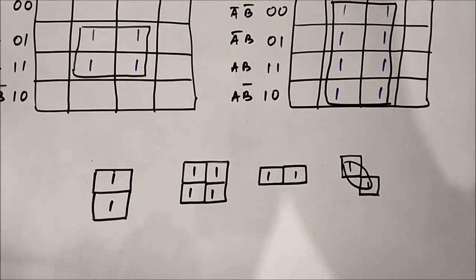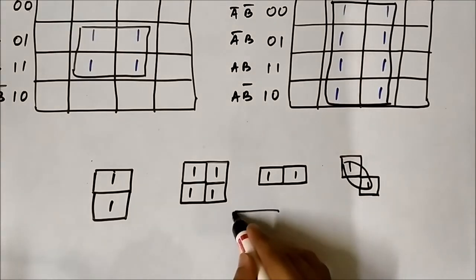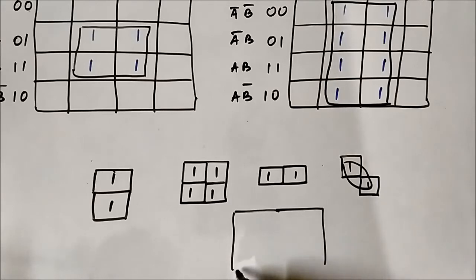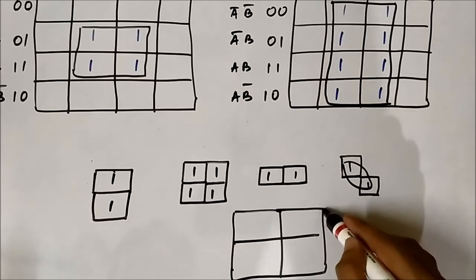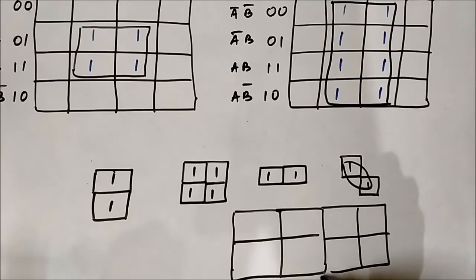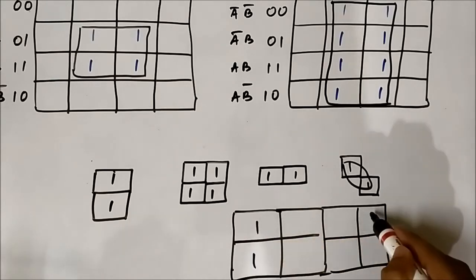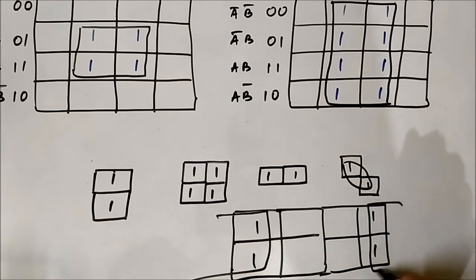But there is another possibility where, let's say we have elements like this. These kinds of groupings are possible, but cross grouping is not possible.